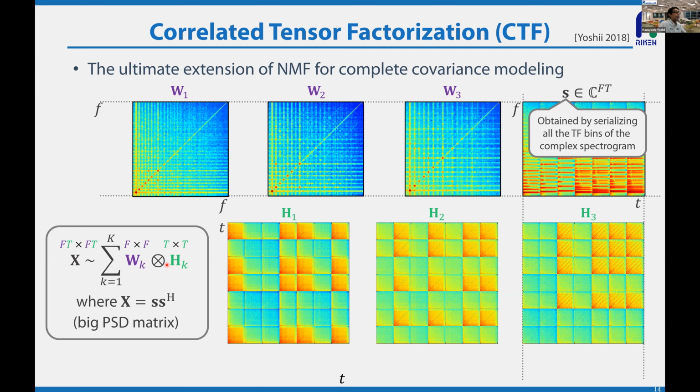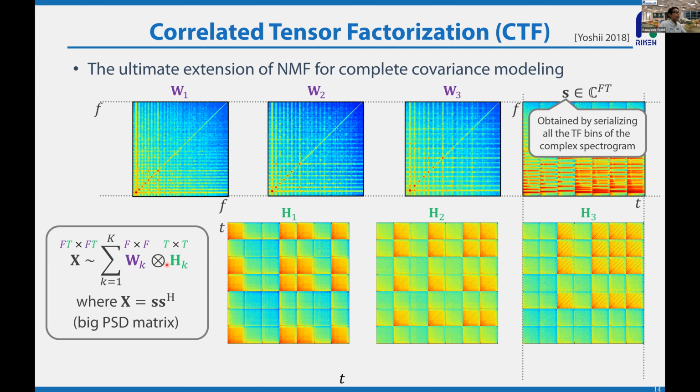However, the problem of CTF is the very huge computational cost. In NMF, the time complexity is linear, KFT. However, the computational cost of CTF is K F cubed T cubed.